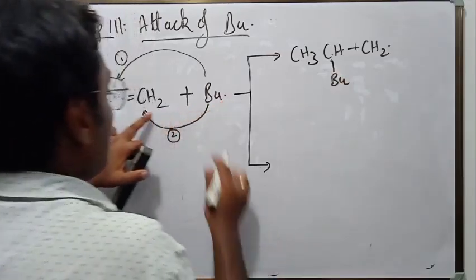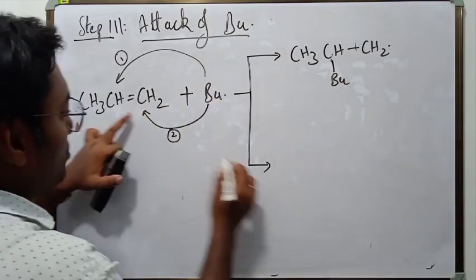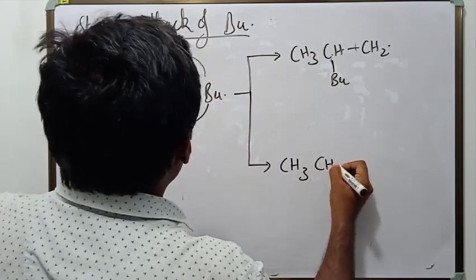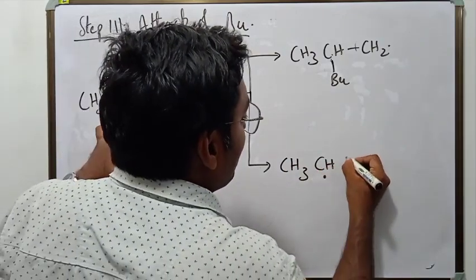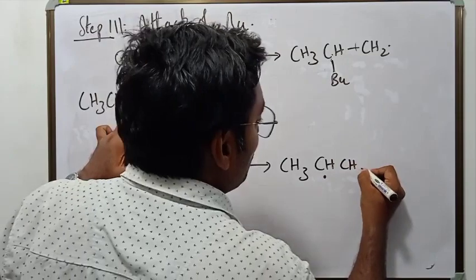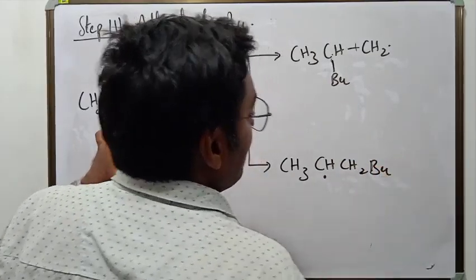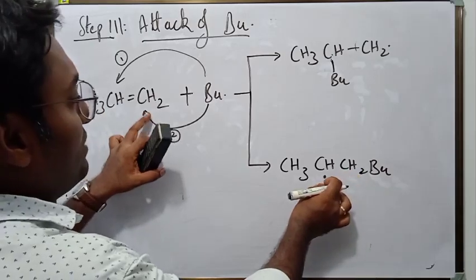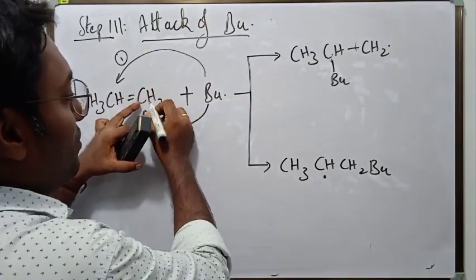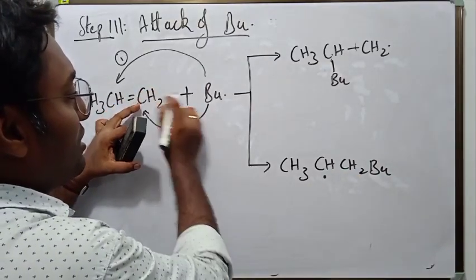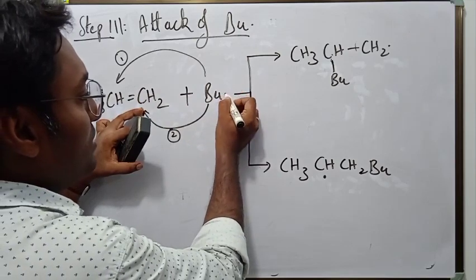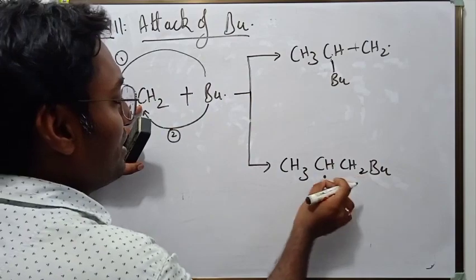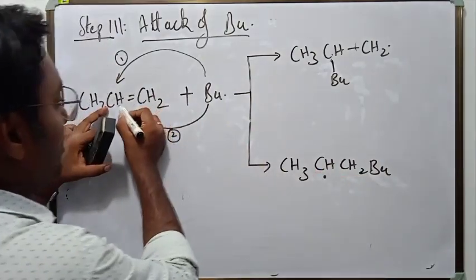Now consider case 2. What would be formed? CH3, CH free radical, CH2Br. So here also we are seeing that this carbon's single electron is shared with the bromine free radical electron, and they have formed a covalent bond here, while this carbon's electron remains here.